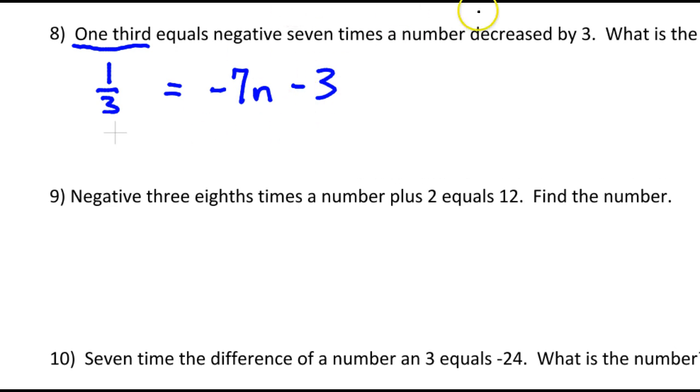And what would be the first step to solve such a problem? What would be the first step here? Here's a variable. I want to get it by itself. How would I do that? You add 3. Add 3.